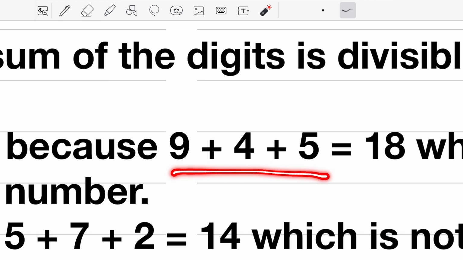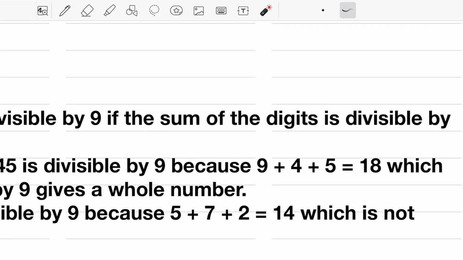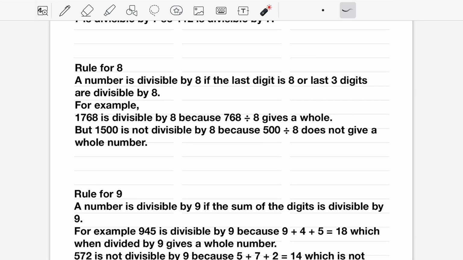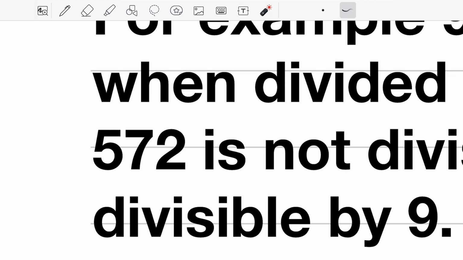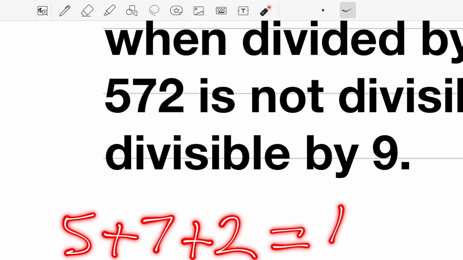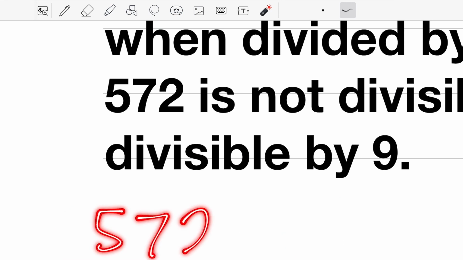So that's 9 plus 4 is 13, 13 plus 5 is 18, and we know that 18 is divisible by 9. So the number 945 is divisible by 9. What about 572? 5 plus 7 is 12, 12 plus 2 is 14, and we know that 14 is not divisible by 9. So 572 is not divisible by 9.